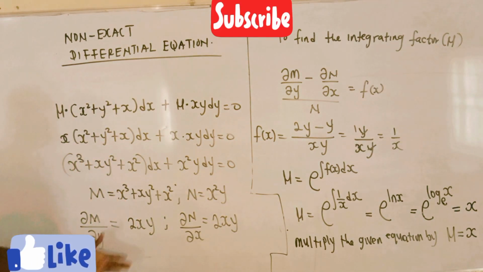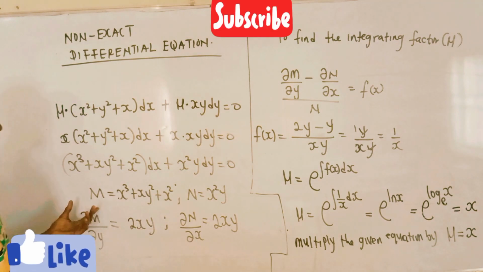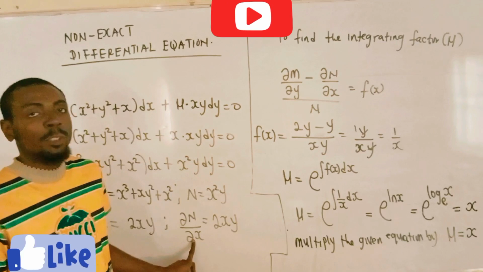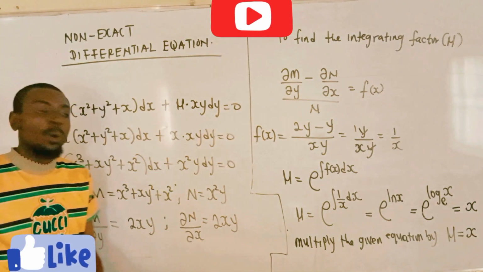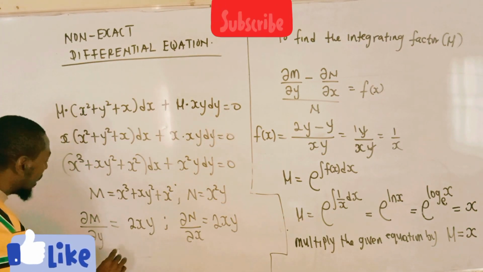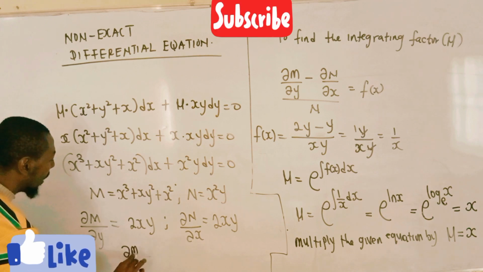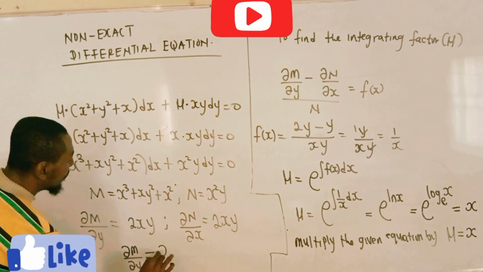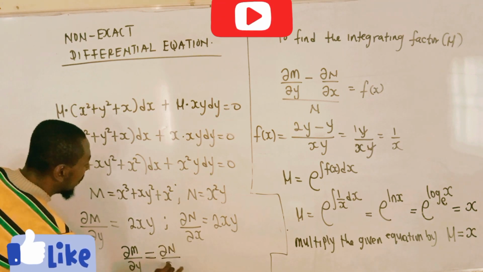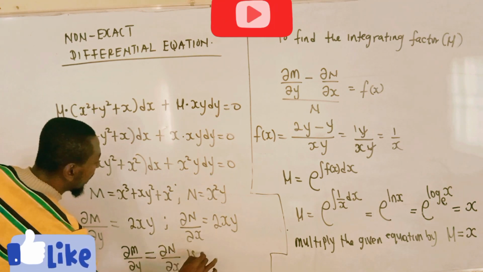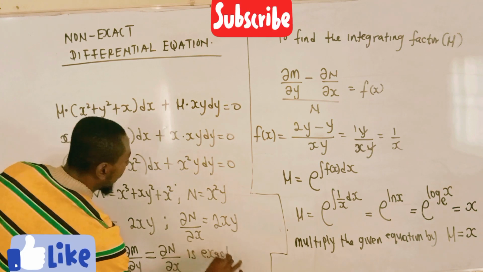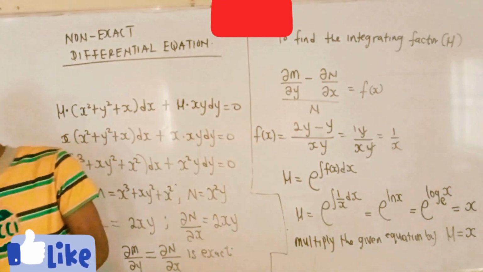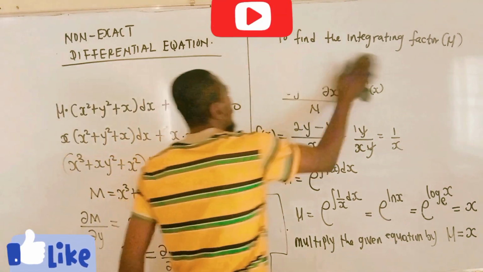Wow, as you can see, the partial differentiation of M with respect to y is now equal to the partial differentiation of N with respect to x. The equation is now exact. So we can now go ahead to solve the equation.